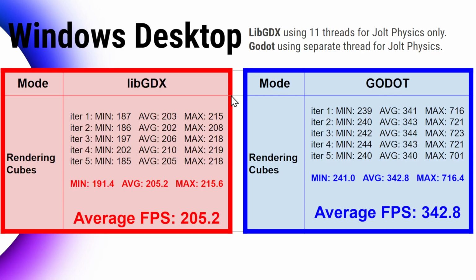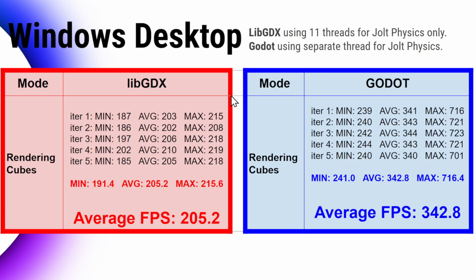So in terms of Windows desktop, libGDX with 11 threads on my 12-thread Ryzen 5 performed on average 205 FPS. Its minimum was 191 and its maximum was 215. Keep a note on the maximum.